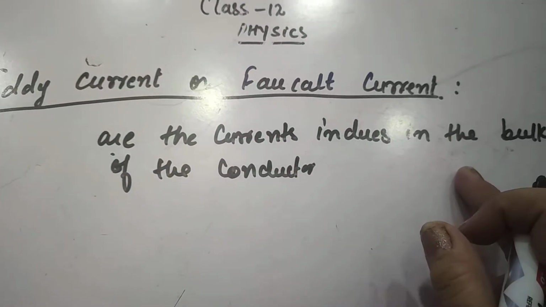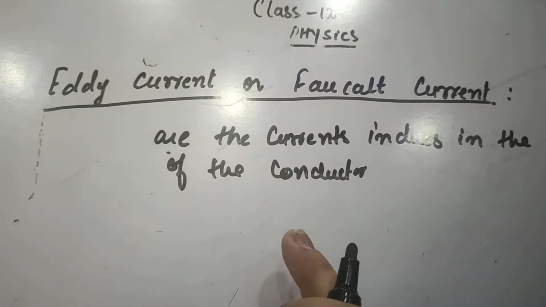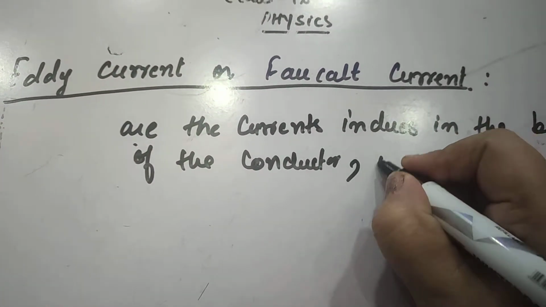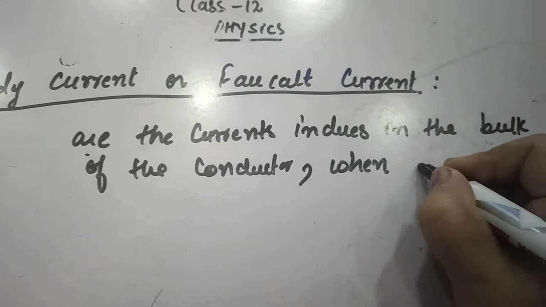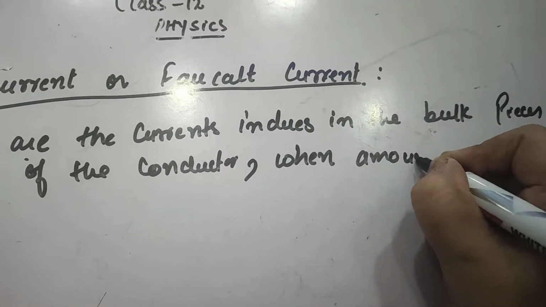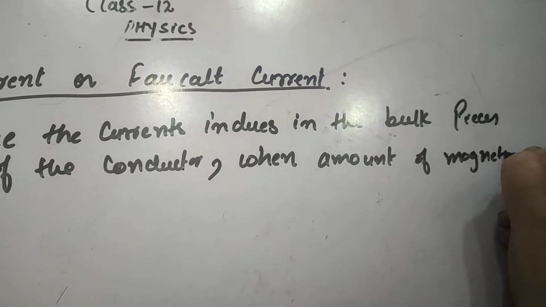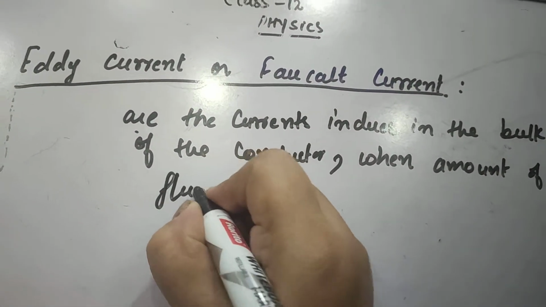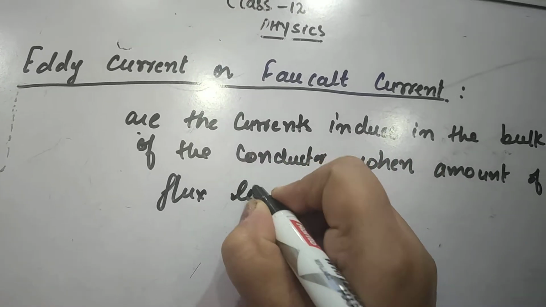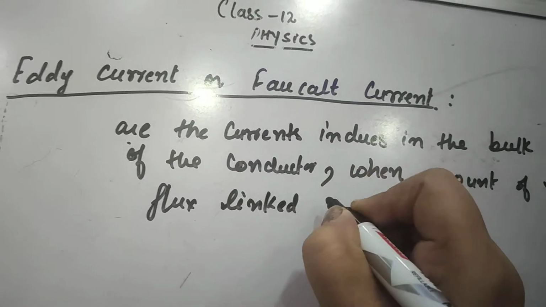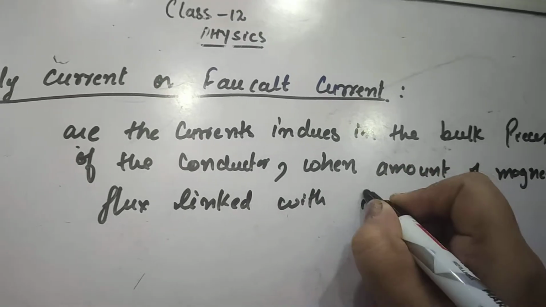Eddy currents are the currents induced in the bulk pieces of the conductor when the amount of magnetic flux linked with it changes.